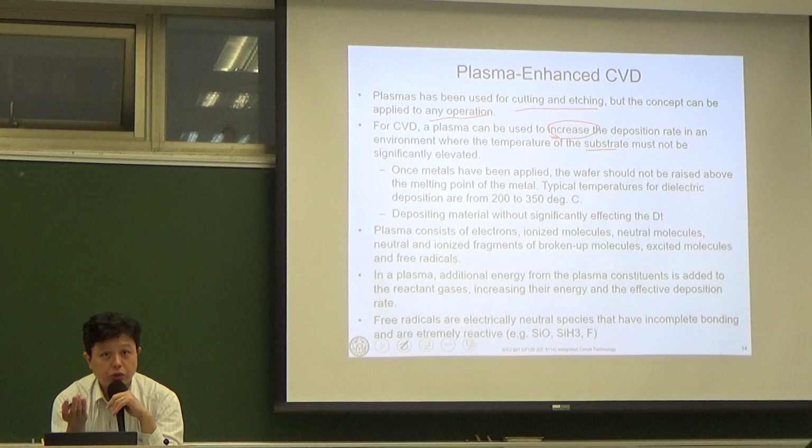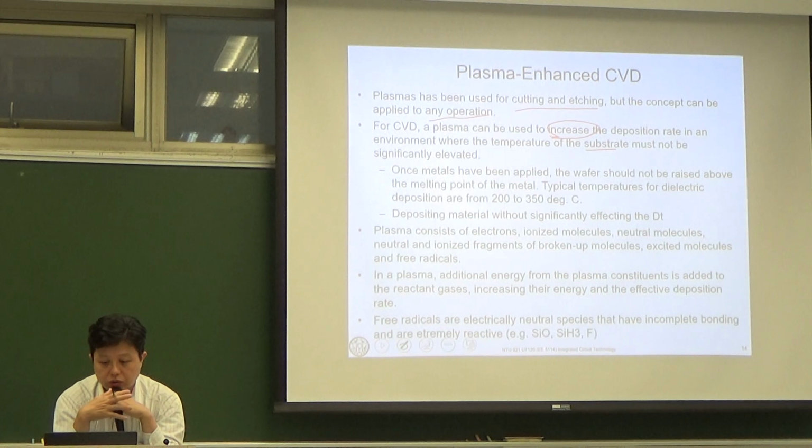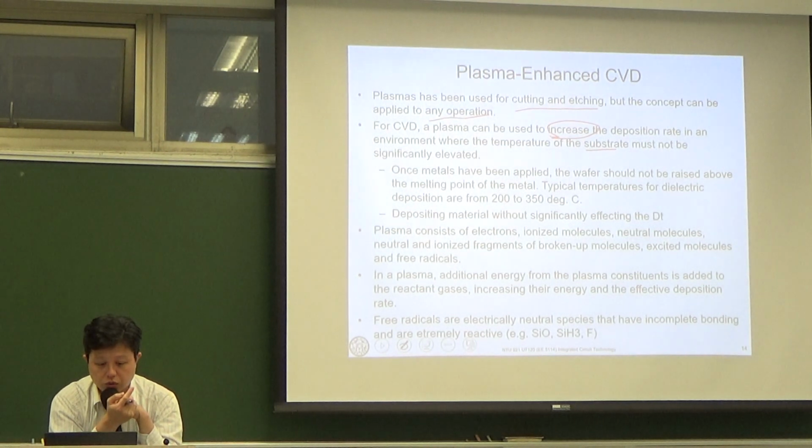Those metals, if you increase the temperature, provide some kind of annealing effect, or may cause the metal to change the contact resistance, or sometimes enhance the metal diffusion in your material.